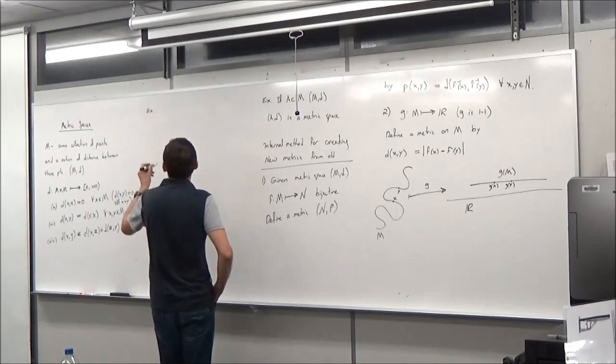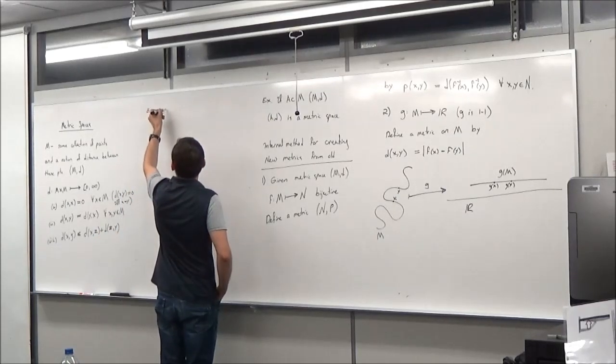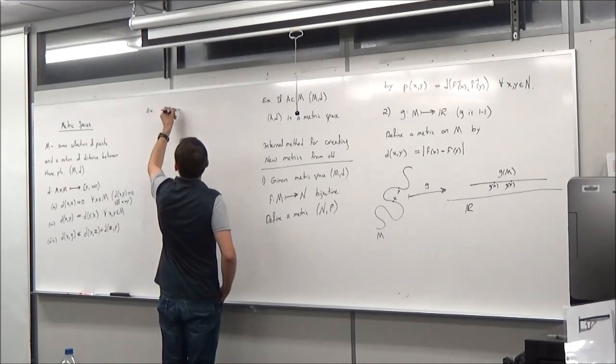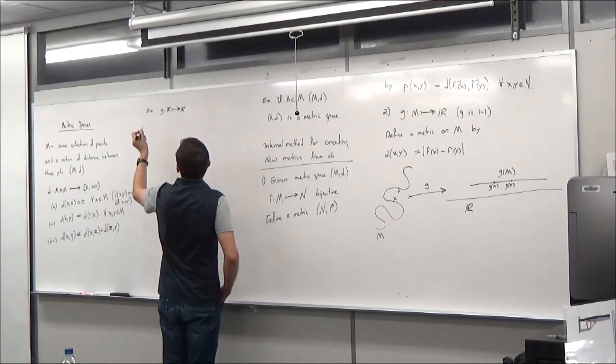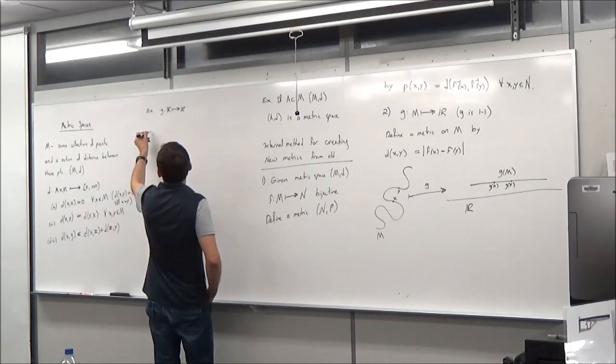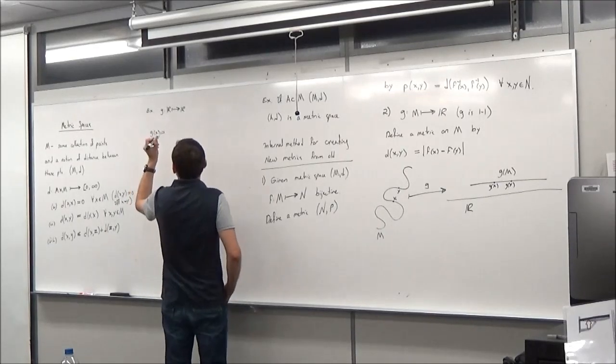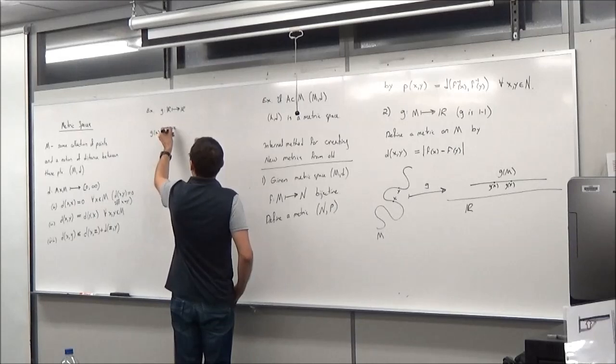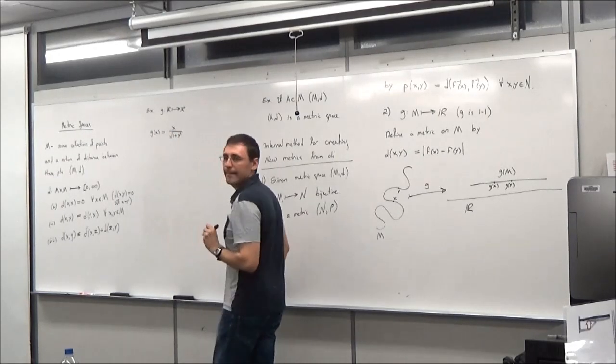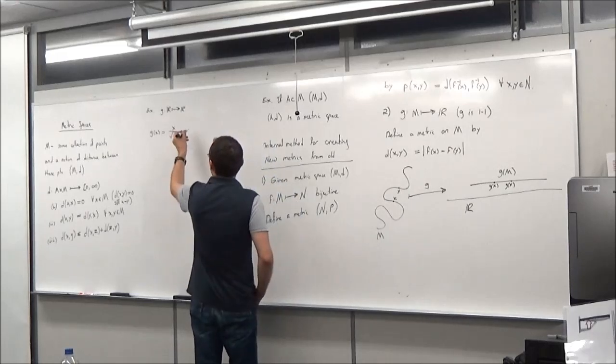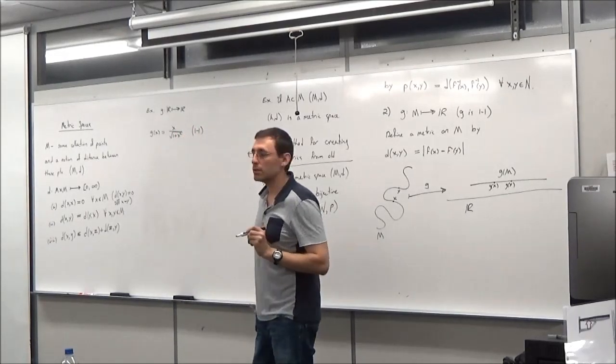So let's suppose that we have the function g from R to R, and g of x is simply x divided by root of 1 plus x squared. This function you can check is 1 to 1, not onto.